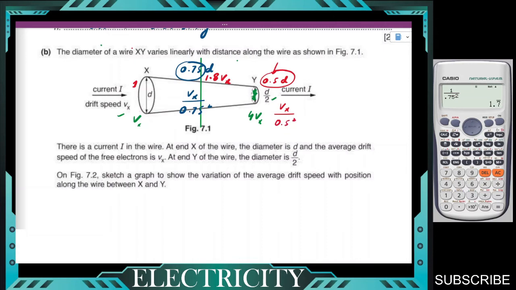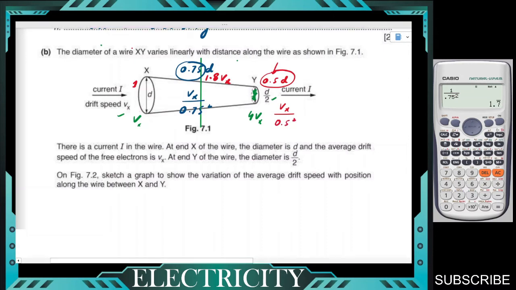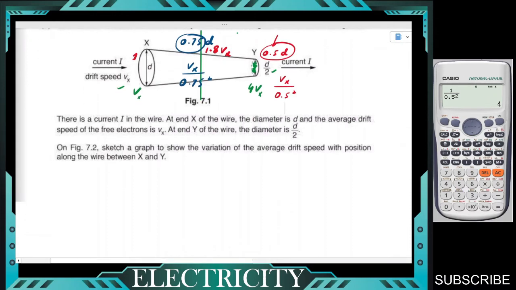So what do you get? You can just check it out. 1 divided by 0.5 squared equals 4. So you get the same answer either way. So what points do we have? We have 1, then we have 1.8, then we have 4.